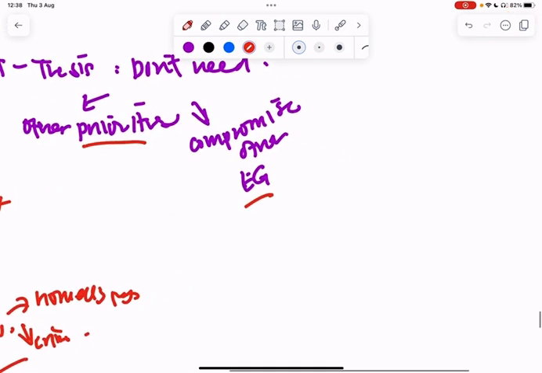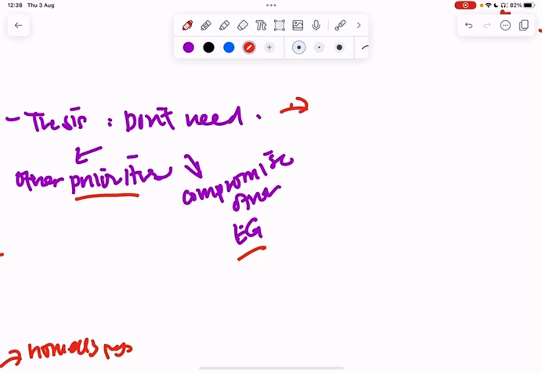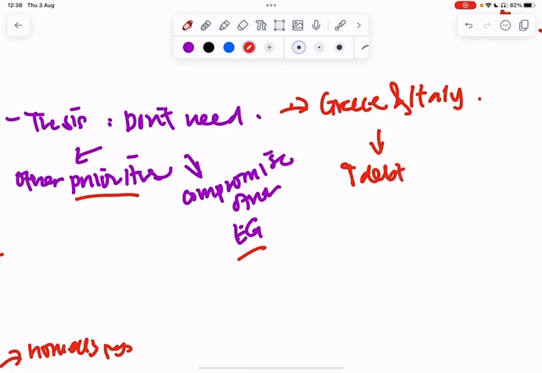So even countries, if we infer from the case extract, let's say countries like Greece and Italy after the global financial crisis, they wouldn't likely prioritize inclusive growth because they have what? They have very high debt levels, right?